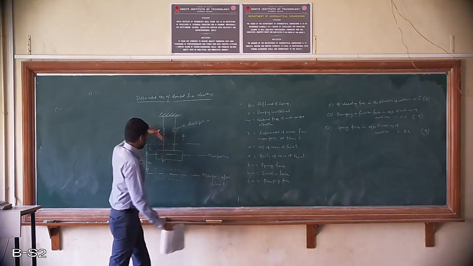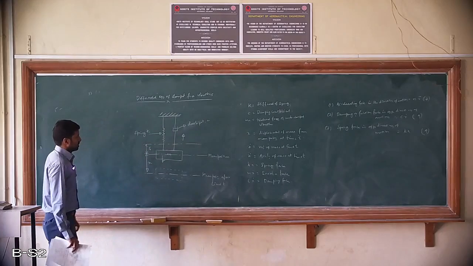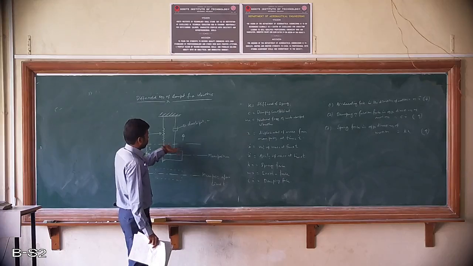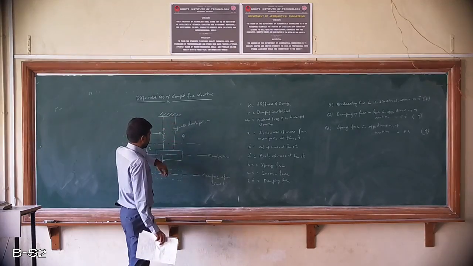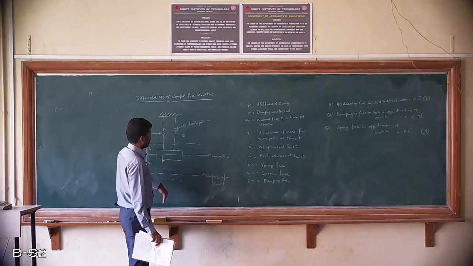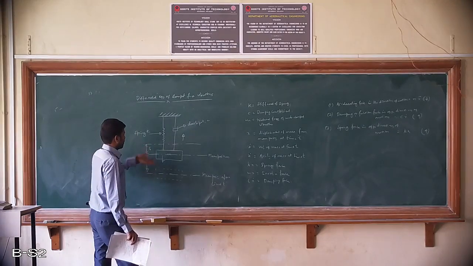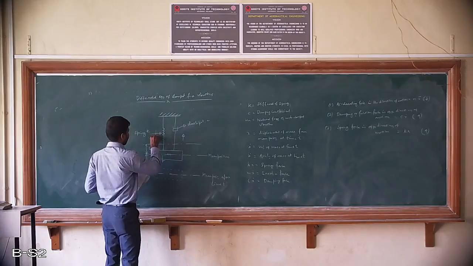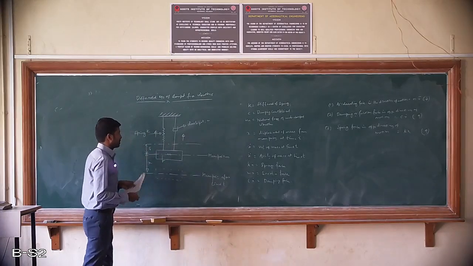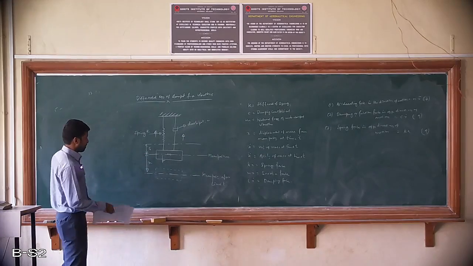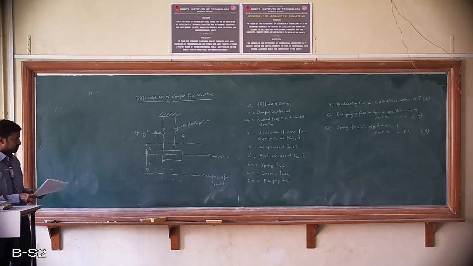So when this mass moves in the downward direction, there will be a damping or friction force, which is nothing but c into x dot, in the opposite direction. That is the resistance for this movement in the downward direction, and also there will be a spring force in the opposite direction. This spring force will also be in the opposite direction to the motion of the mass m, and it is given by k into x.